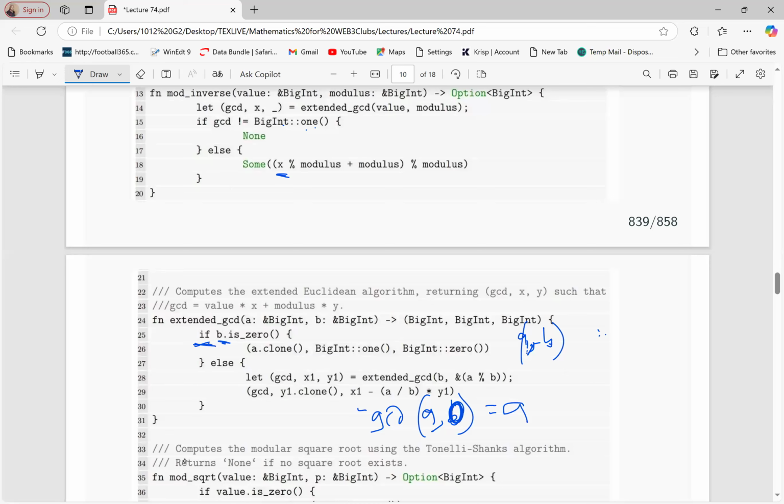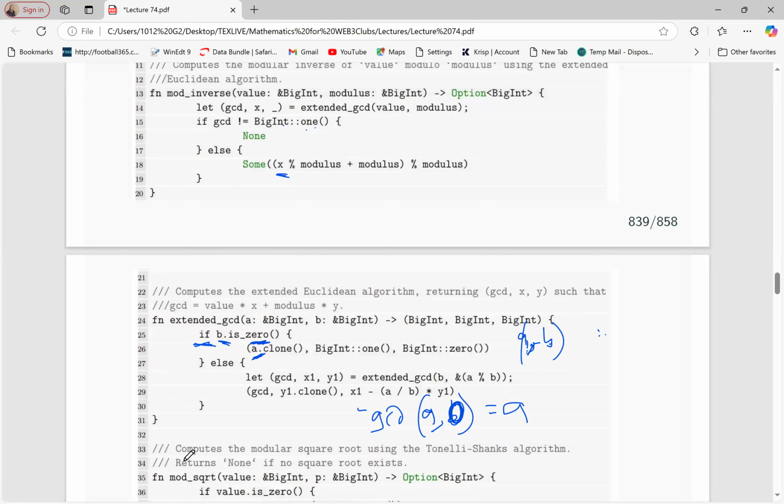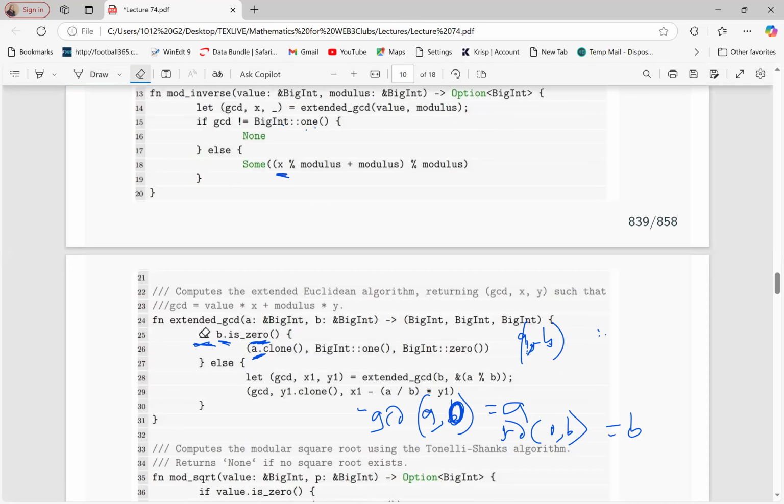If B is 0, then the GCD is A. And vice versa, if A is 0, then the GCD here will be B. That's what the code begins by saying.